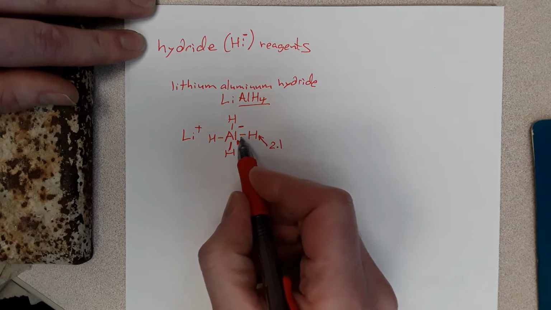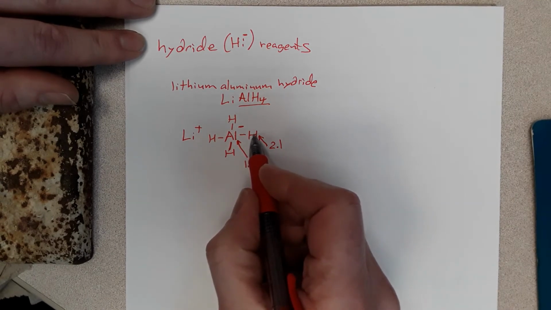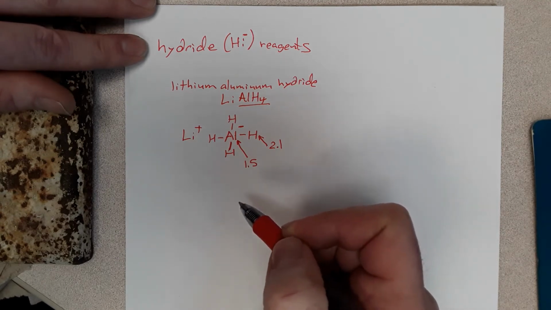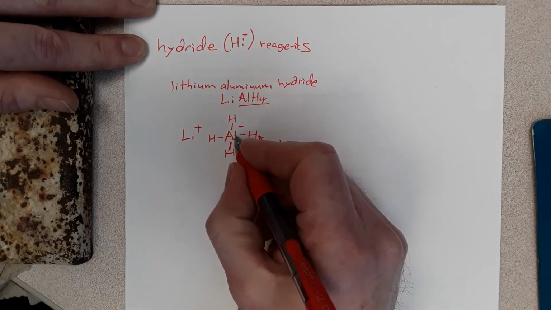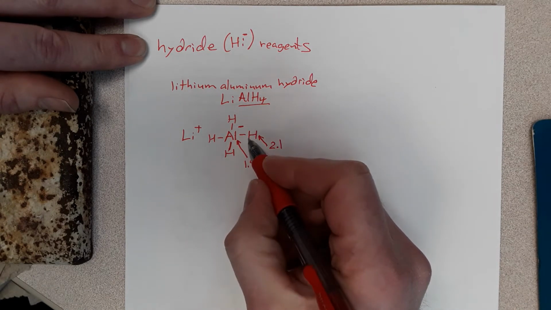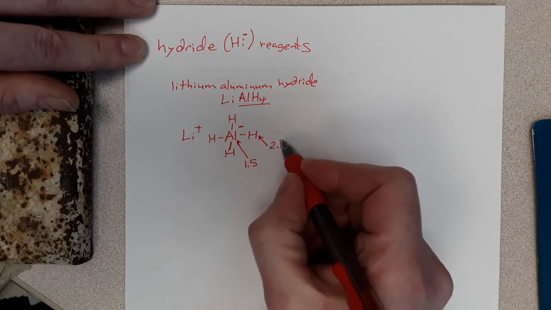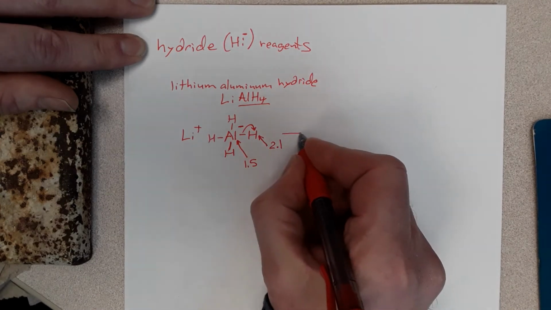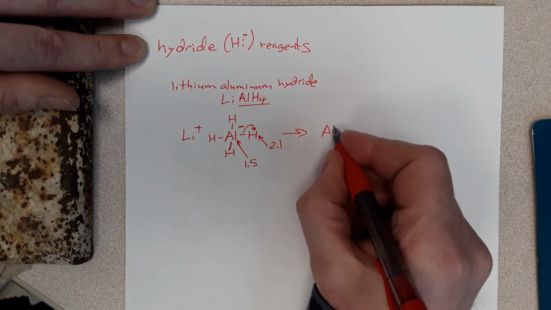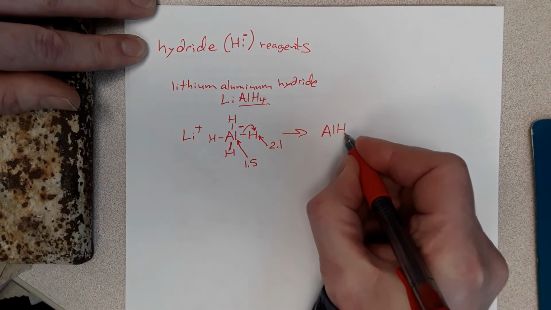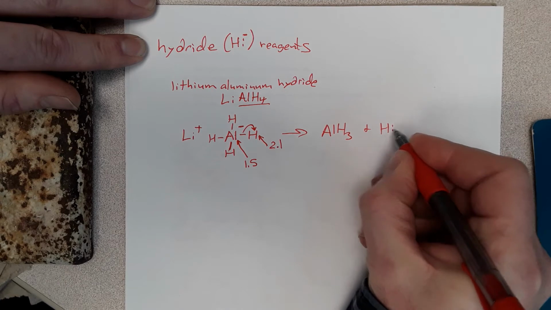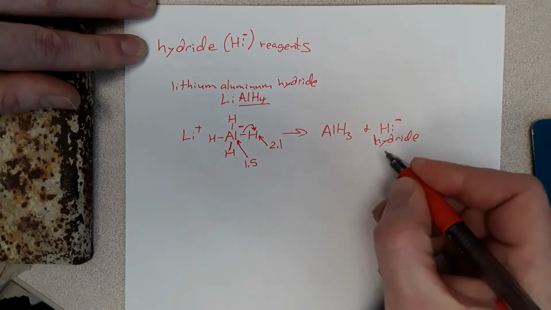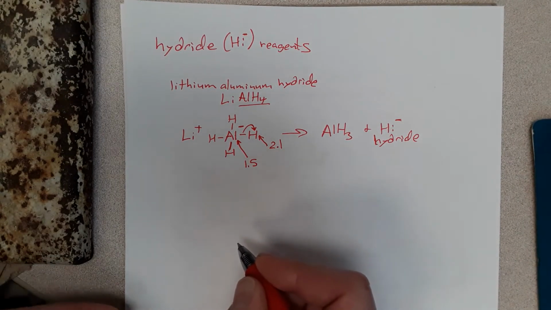So in this rare case, hydrogen is more electronegative than the atom that it's attached to. And so what does that mean? Well, when the bond breaks between aluminum and hydrogen, the electrons prefer to go to the more electronegative atom, so we end up with the aluminum being neutral with 3 hydrogens left, and we have produced hydride. So that is our first hydride reducing agent.